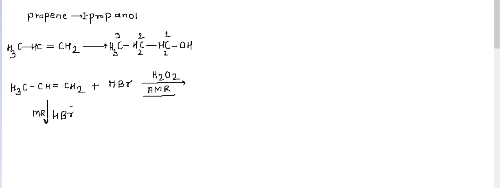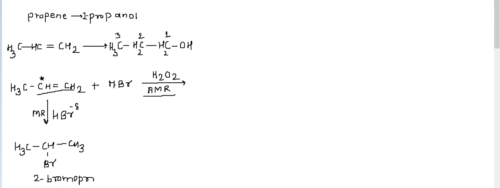According to Markovnikov's rule, the negative part of the reagent gets added to the carbon which contains less number of hydrogen. Between these two carbons carrying the double bond, this carbon is carrying less number of hydrogen, so Br will get added to this carbon. So CHBr, and hydrogen will get added to this carbon. Now see, we are getting 2-bromopropane.